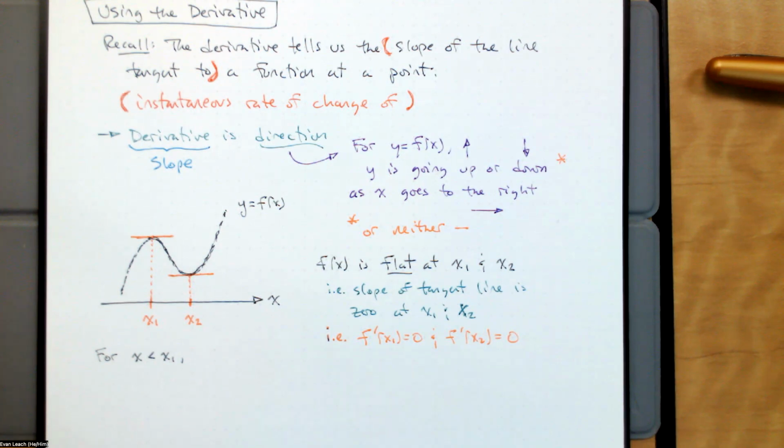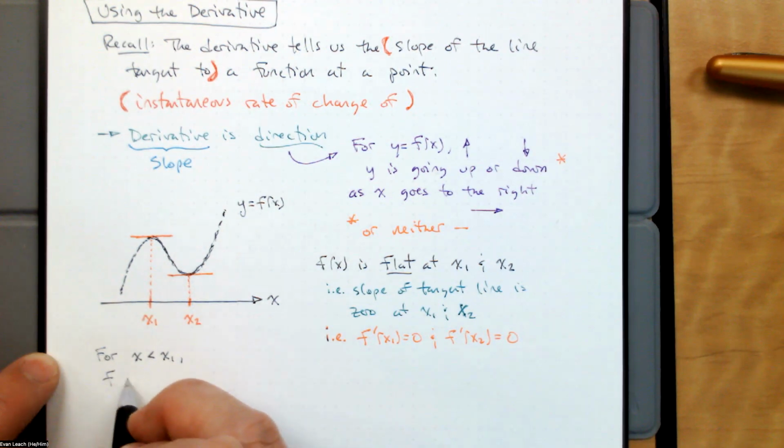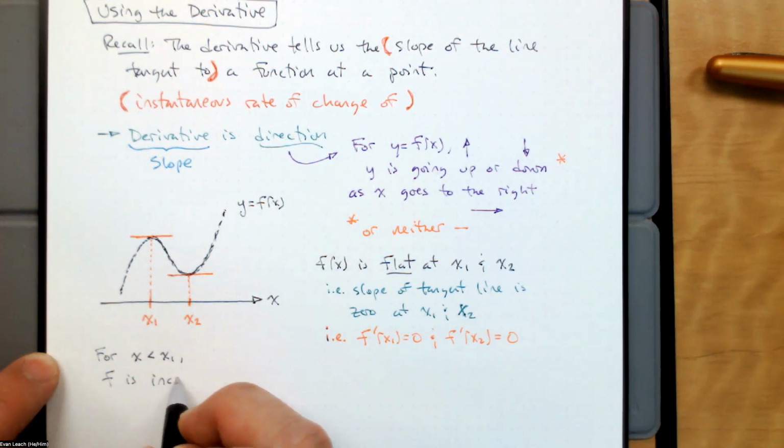Because we know that x is the variable in play, we're just going to say f is increasing. So for x less than x1, f is increasing.